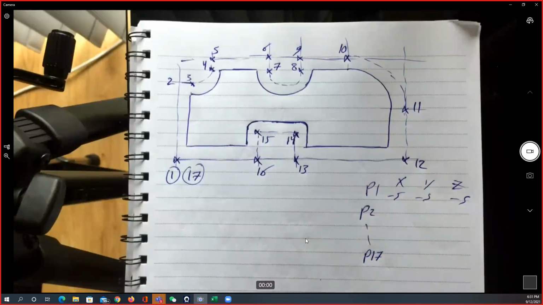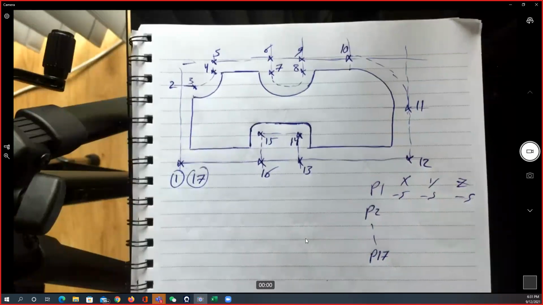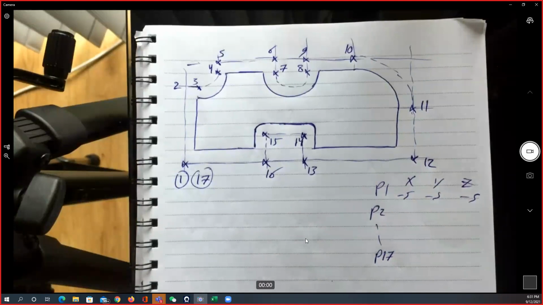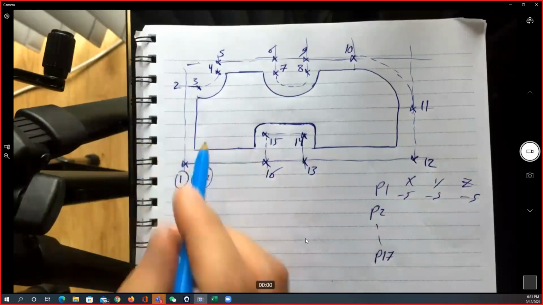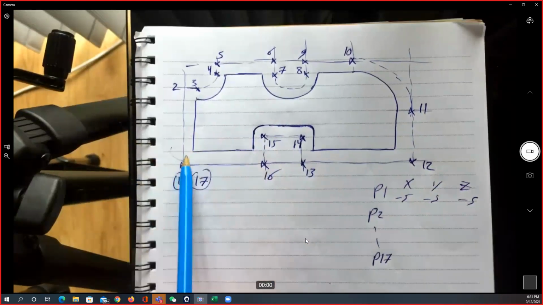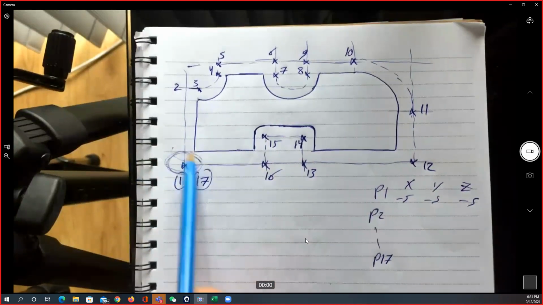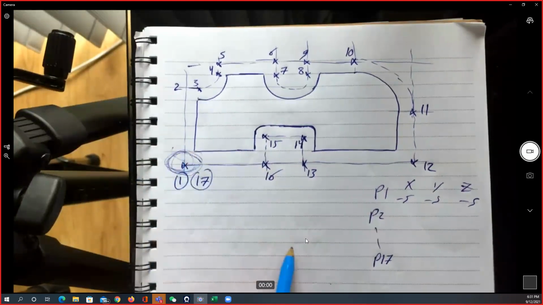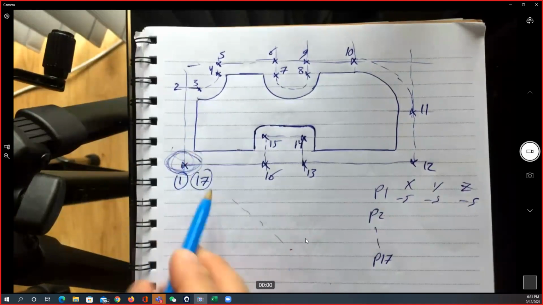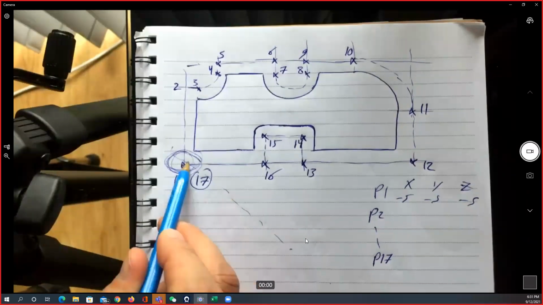Now let's analyze the movement. I will come from any place in this space with my cutting tool, and I try to put it in this position. So the center is going to be here. So for example, I'm coming from here, traveling all the way to here.